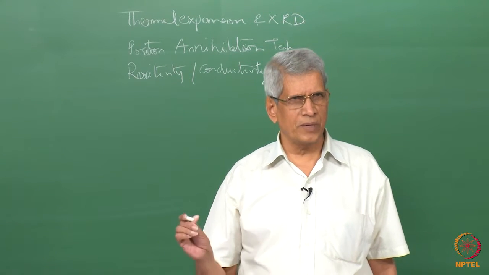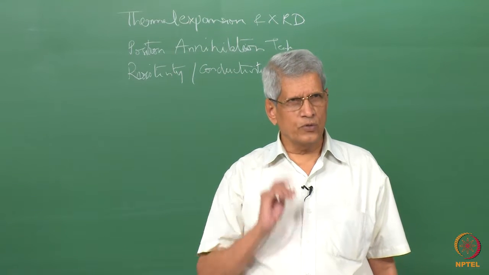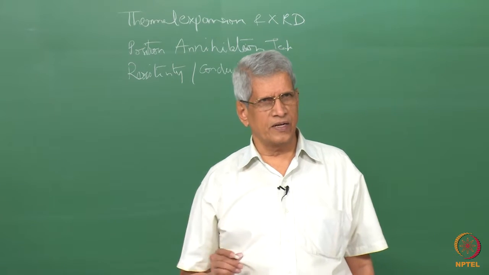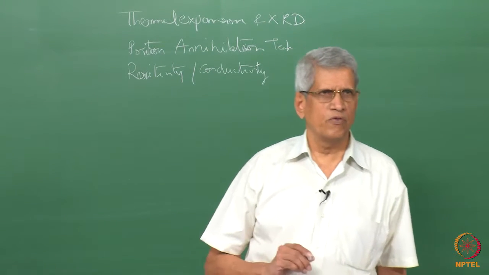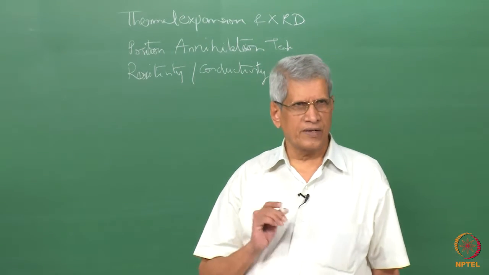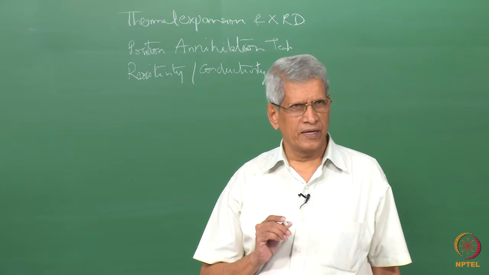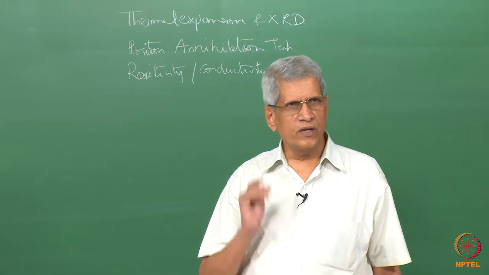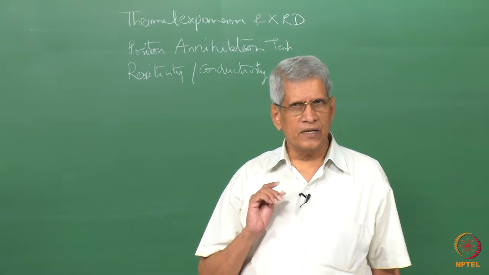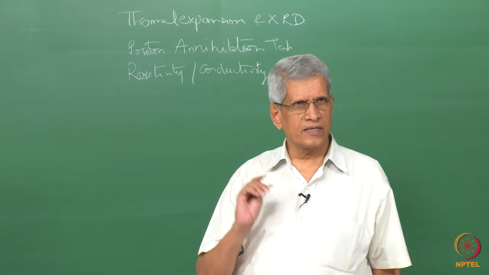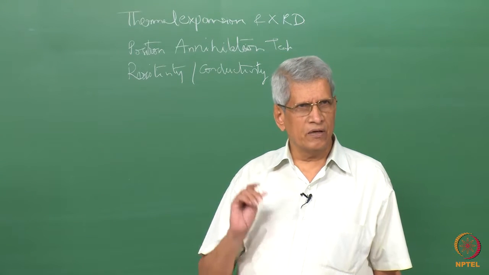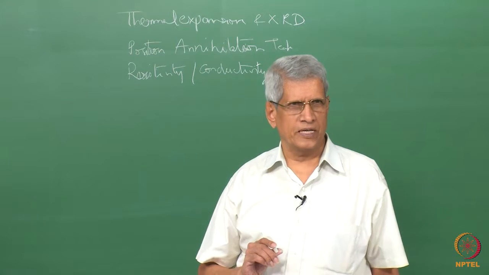If both these informations are available, using combination of thermal expansion and X-ray diffraction, we can get information about the equilibrium concentration of vacancies which are there. If we get that information for different temperatures, then plotting this concentration versus 1 by T, we can get information about the vacancy concentration in the material.